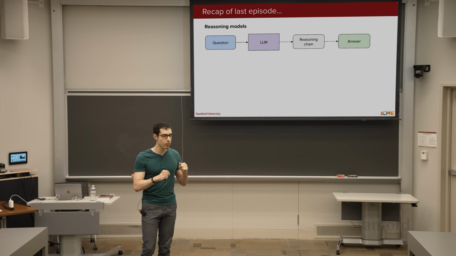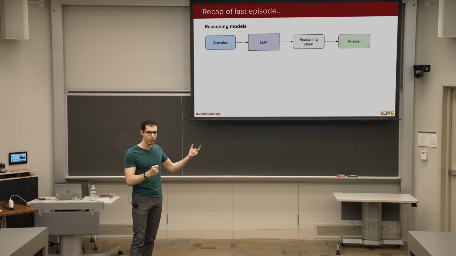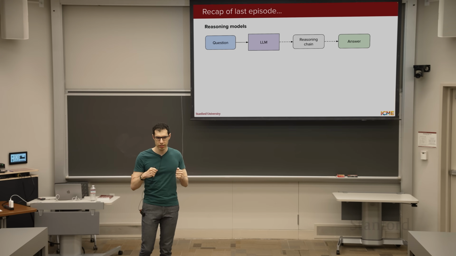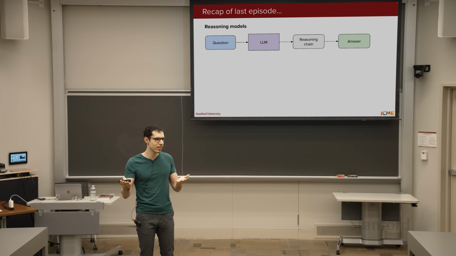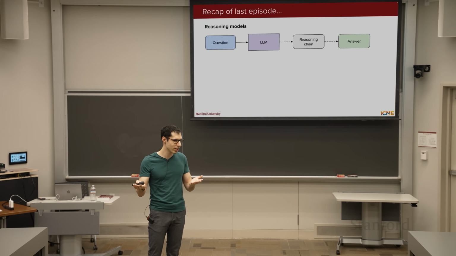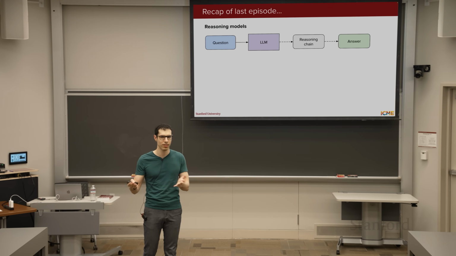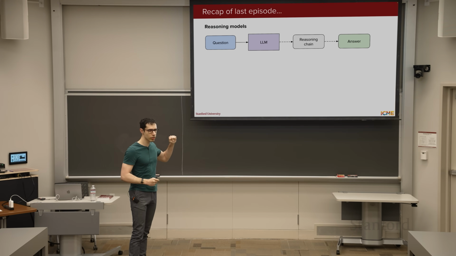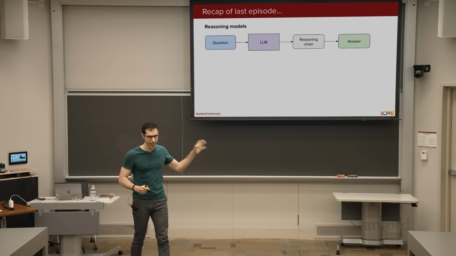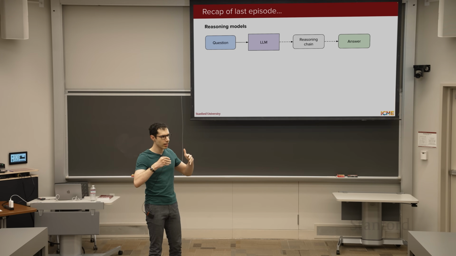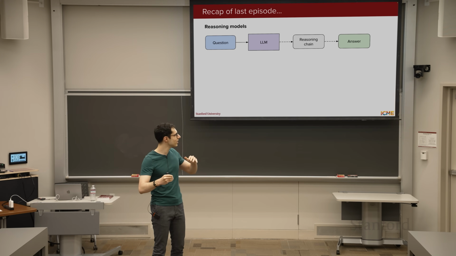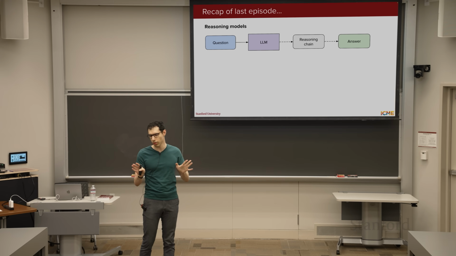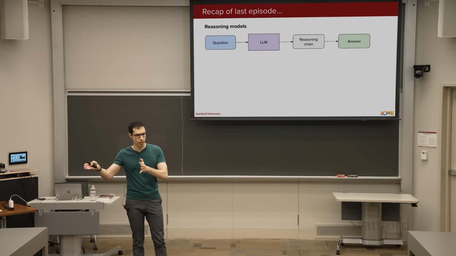But what we saw last time was that if we let the LLM reason before outputting the response, then we can gain some performance when it comes to reasoning tasks, such as math and coding. And so in particular, reasoning models take a prompt as input, and then output both a reasoning chain, which is typically hidden from the user, and then a response.